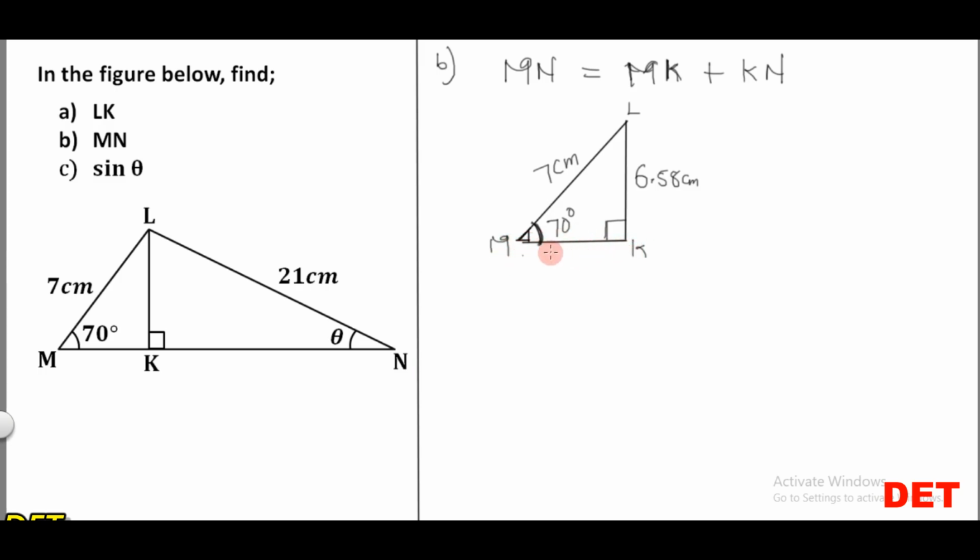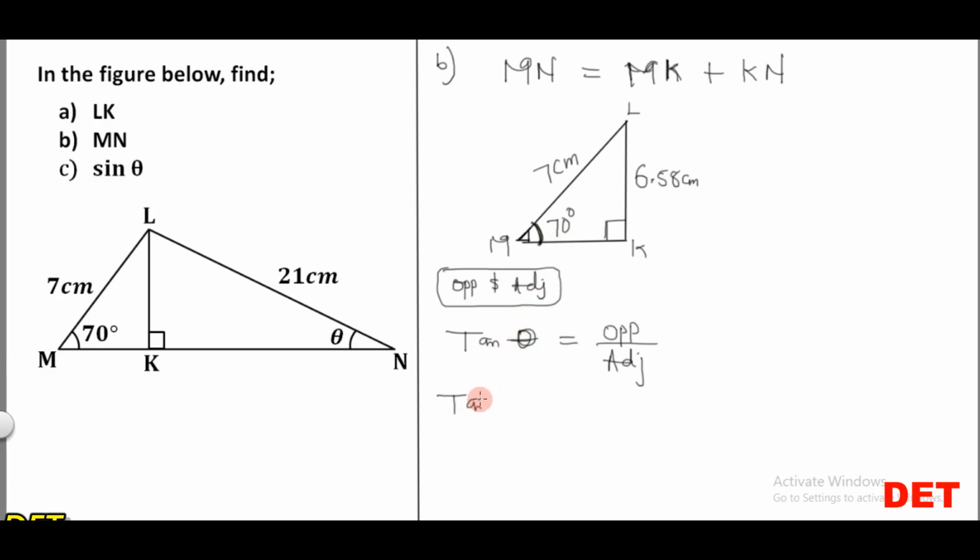Your adjacent. Alright, so what is the relationship between opposite and adjacent? So the relationship between opposite and adjacent is what? Tan theta. Alright, so tan theta is equal to opposite over what? Over adjacent.